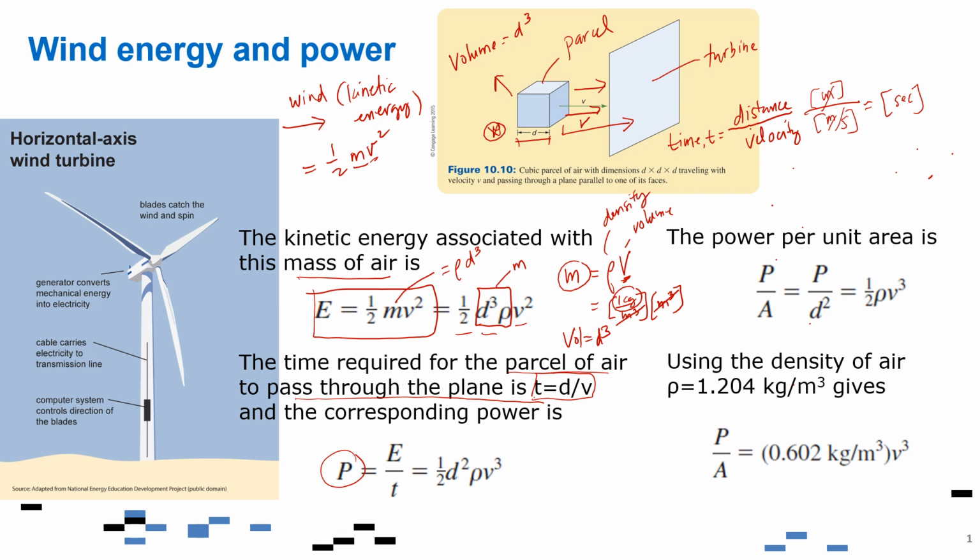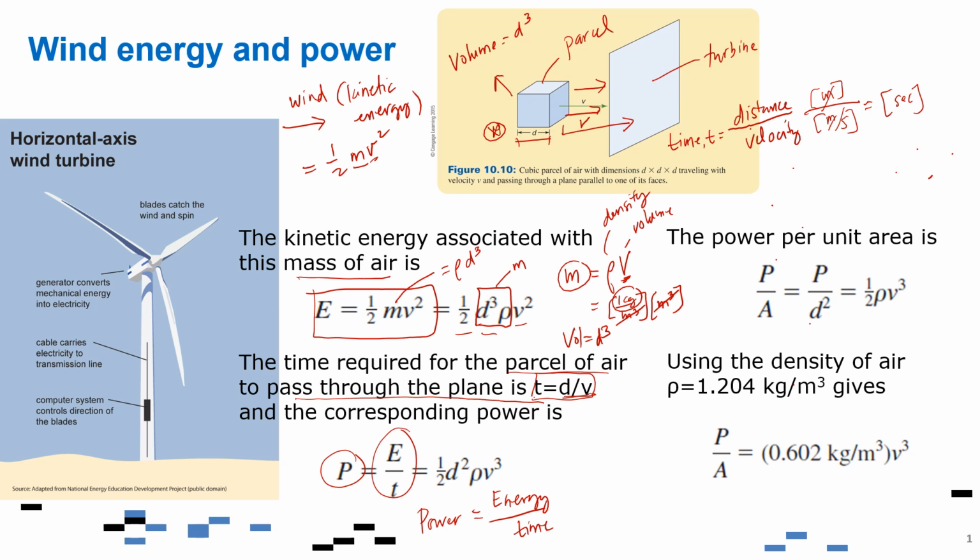Since we can consider t as d over v, and if we try to turn energy into power, power is equal to energy per unit time, which is E over T here. Then we can represent T as d over v, or distance over velocity, where the distance is in meters.